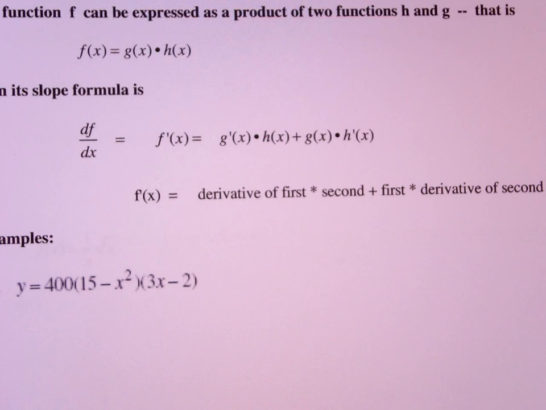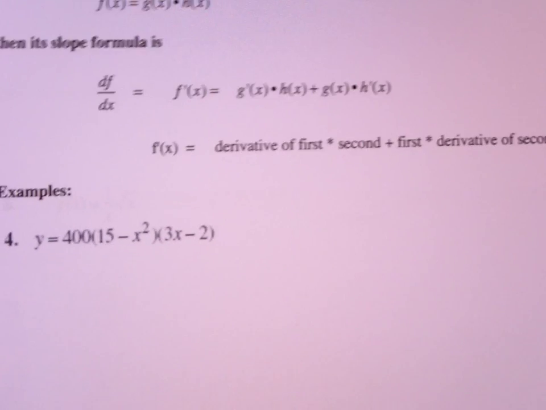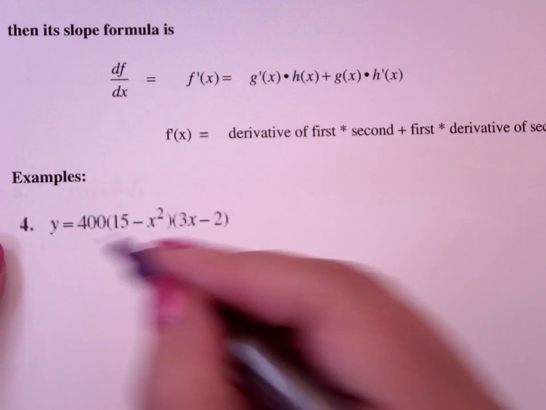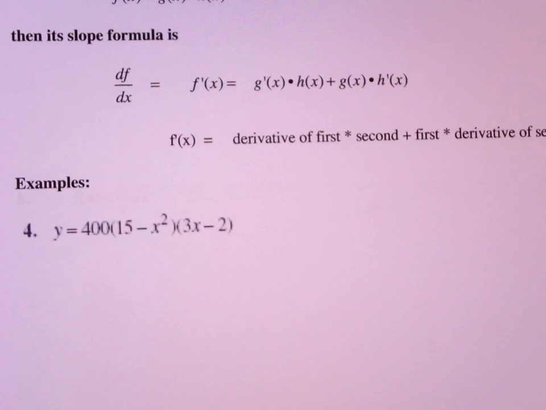So if I were to look at this guy as my first example, 400 is a constant. Remember when we were taking derivatives, we held the constant on the outside and did everybody else.